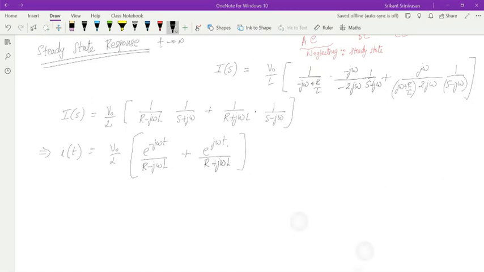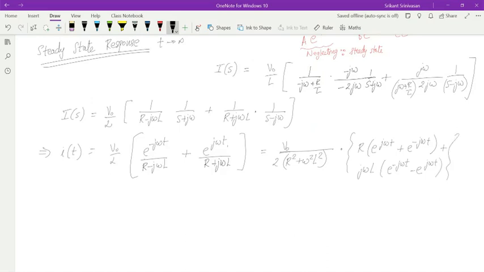So that would be written as V naught over 2 into R square plus omega square L square, that's the denominator, into R times e power j omega t plus e power minus j omega t plus j omega L into exponential of minus j omega t minus exponential of j omega t.